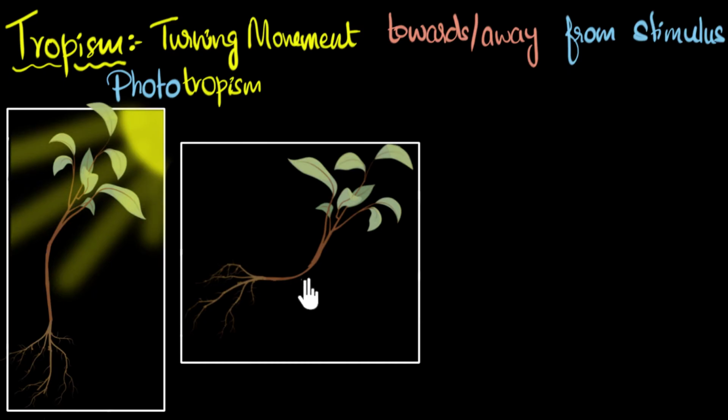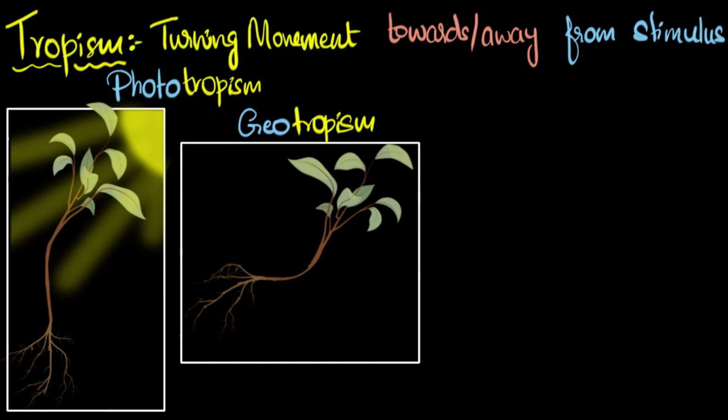What about this one? What's the stimulus for these turning movements? Well, we just saw the stimulus is gravity, right? So we can call this gravitropism. Some people also call this geotropism, just to keep it simple. So we can also call it geotropism, basically because gravity comes from Earth and Earth stands for geo.